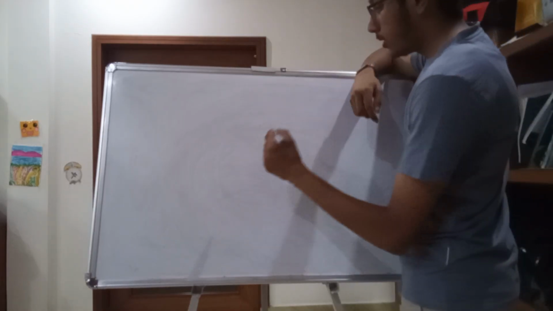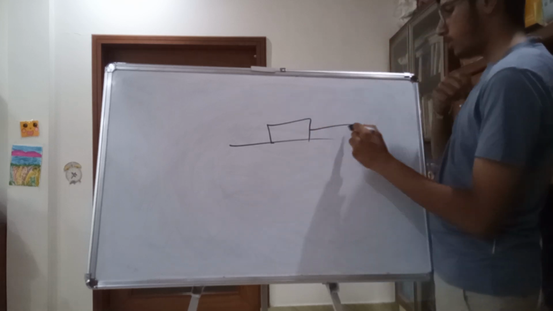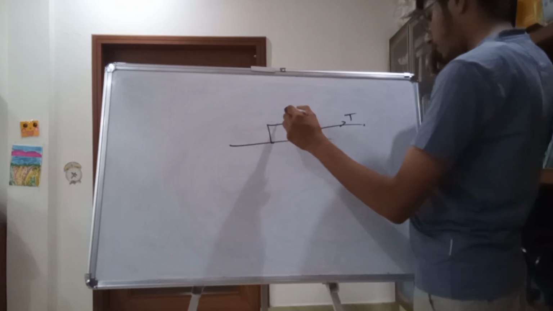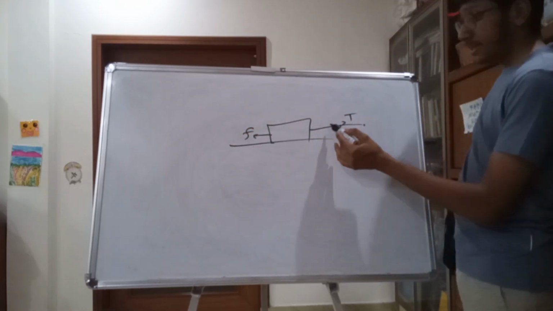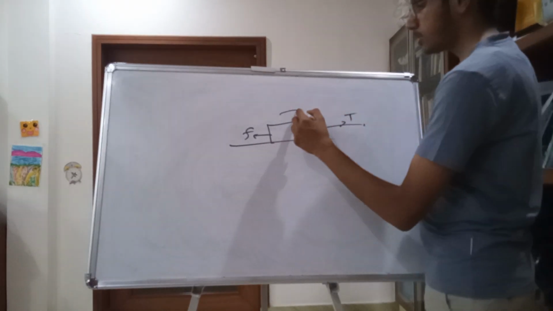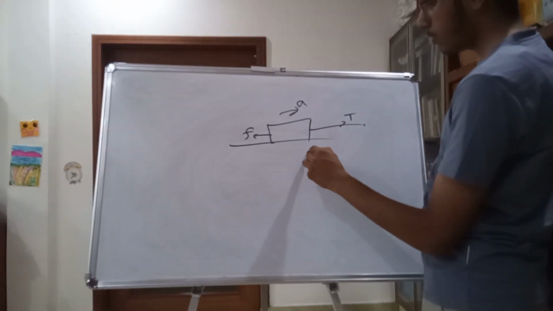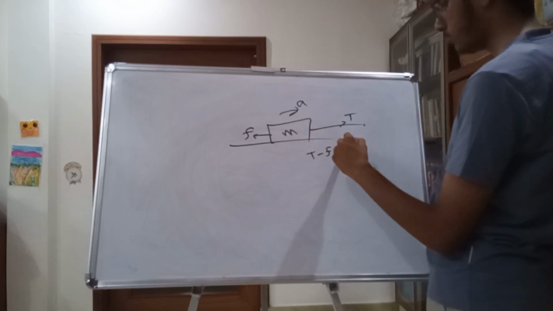So, okay, now let's say there is one block here, and I am pulling this with a rope. So this is going to be the tension, and this is the friction acting, but the tension that we are giving to this rope is greater than the friction, so the block starts to move like this. So what is the phenomenon here? T minus F is equal to, let's say this is a block of mass m, so ma.